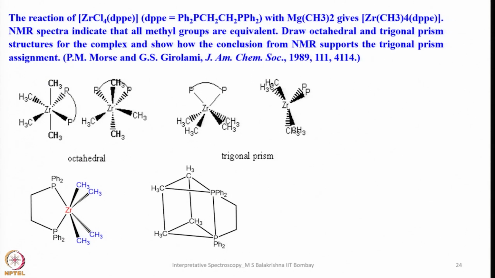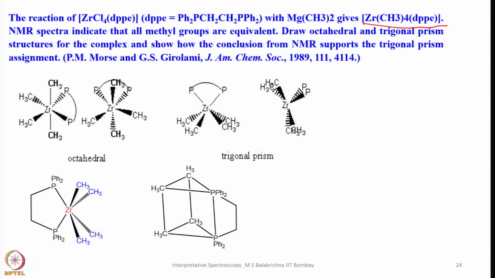Now let us look into another interesting compound here, the reaction of zirconium tetrachloride and DPPE, bis-diphenylphosphinoethane, with dimethyl magnesium, which gives a compound of this type where we have 4 methyl groups and DPPE acting as a bidentate ligand.